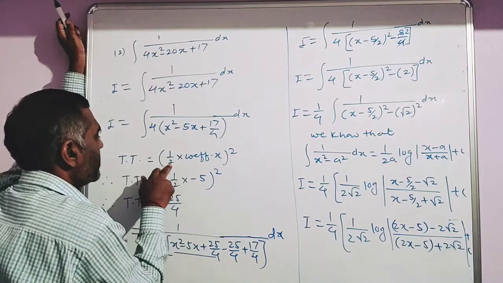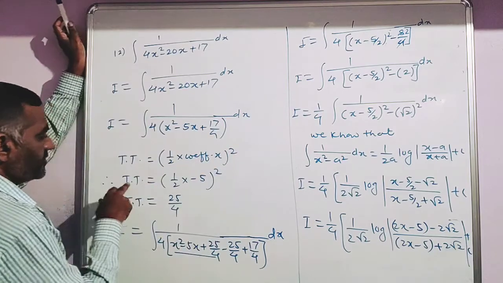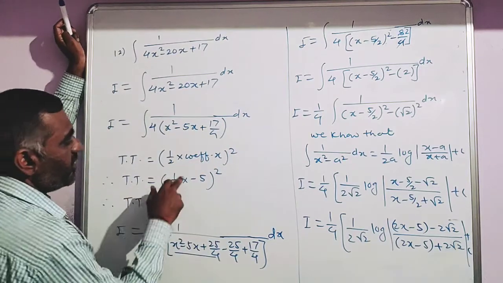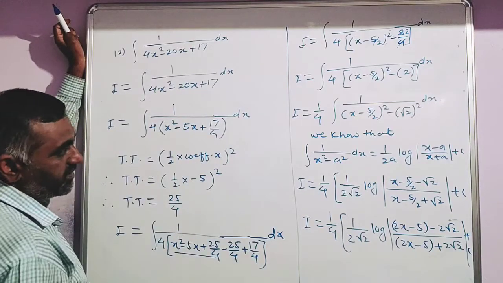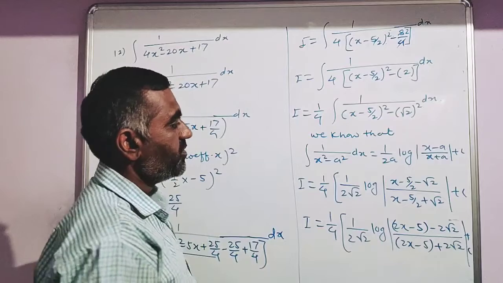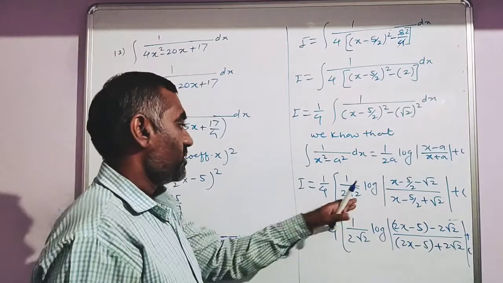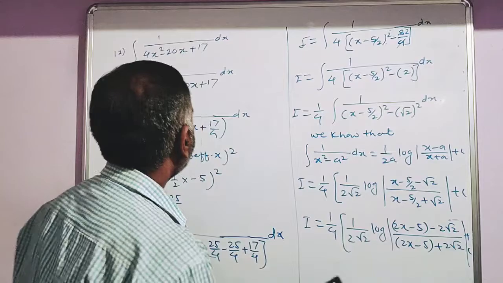The perfect square term is equal to half into the coefficient of x, whole bracket square. Therefore the third term is half into minus 5, whole bracket square, 25/4. Convert this into the form x² - a² and write down the formula. By this formula we can get the answer. Okay. Next.